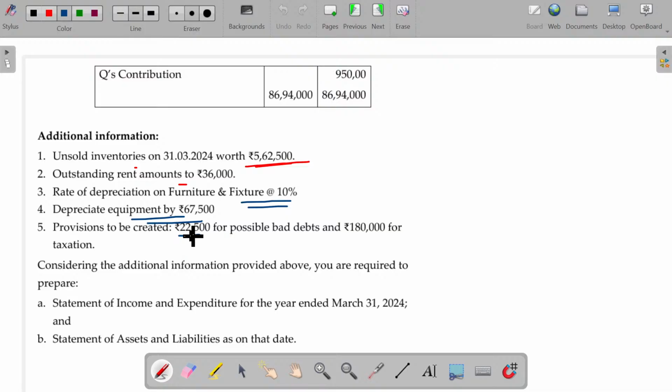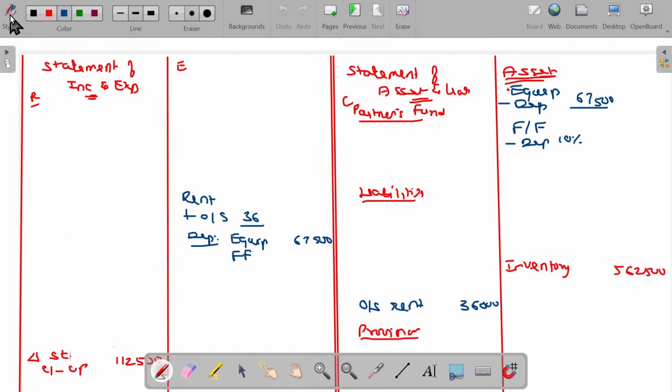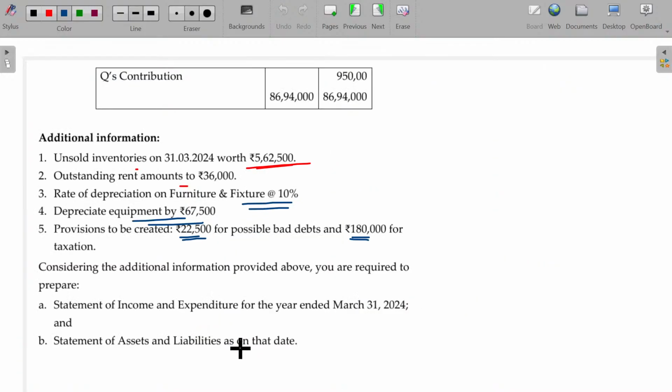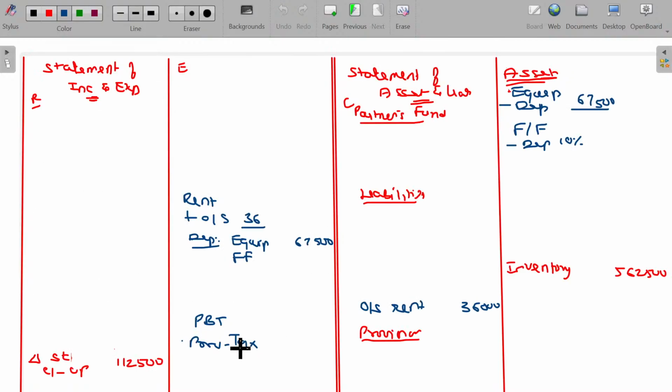Provisions to be created: 22,500 for possible bad debts and 1,80,000 for taxation. So, provision for taxation. From earnings before tax or profit before tax, you have to find out the provision, which is 1,80,000 rupees.